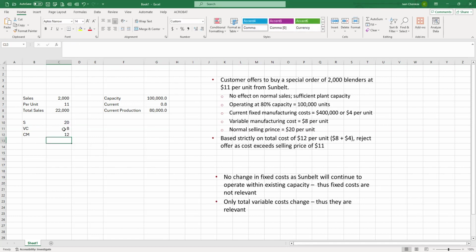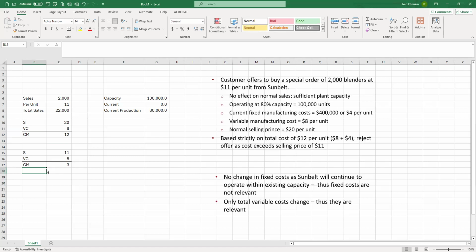In normal operating activity, everything is normal, so I'm generating a normal contribution margin of 12. Now this guy asked me to sell to him for $11, correct? My variable cost is $8. How much is my contribution margin in this case? Is it positive? Yes.